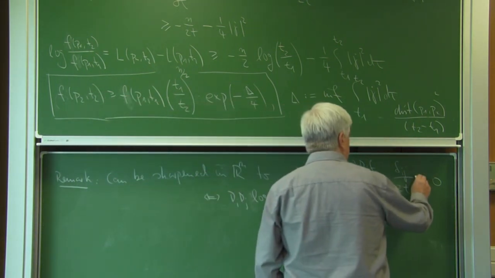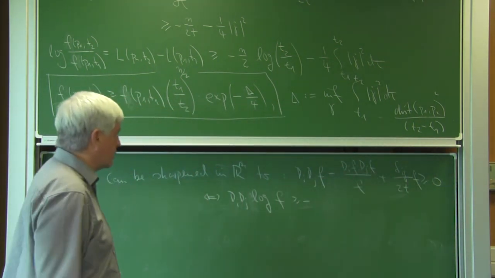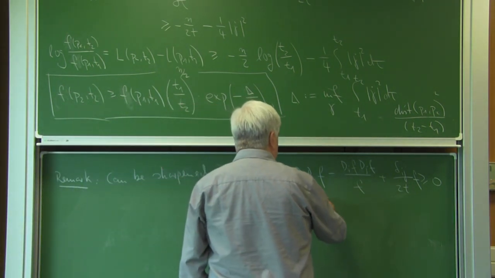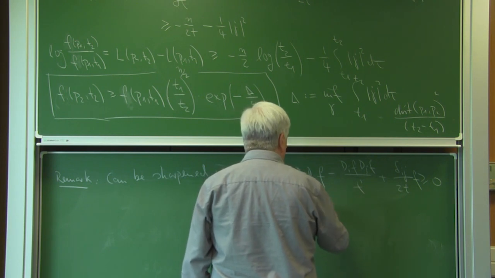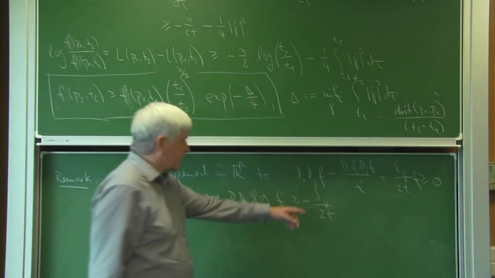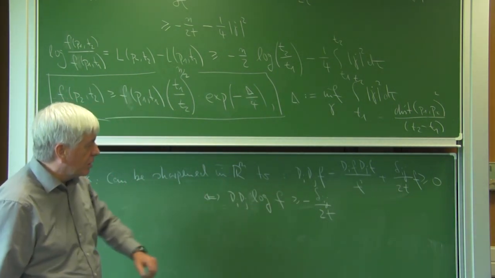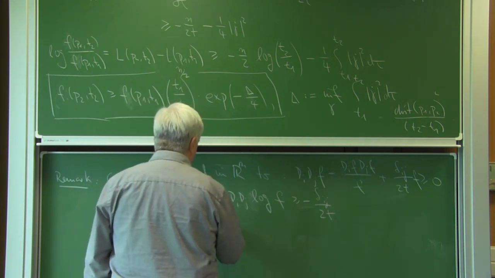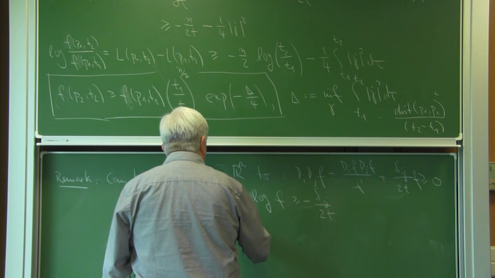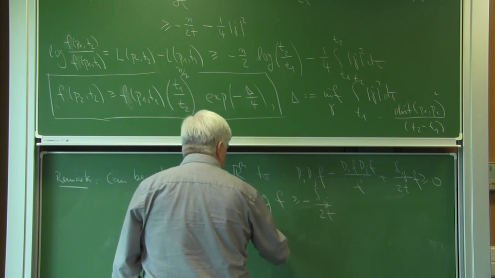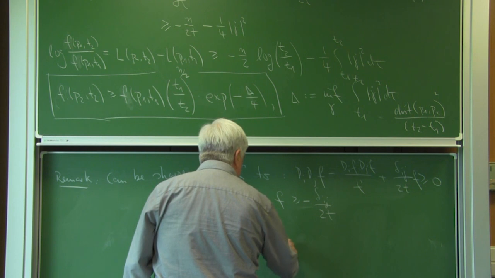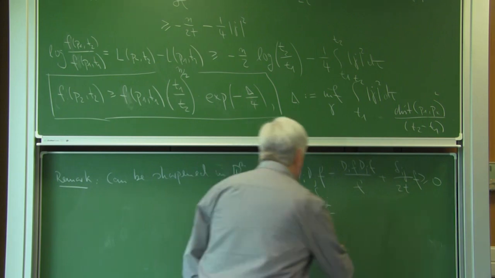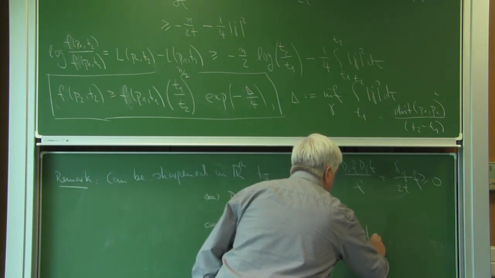There's an f missing here, and if you write it like this, you get that this is bigger than minus δij over 2t, which is of course the Hessian of the logarithm of the heat kernel. So you can write this also as saying that the logarithm of f divided by the standard heat kernel is a convex function. So here rho is the standard heat kernel.